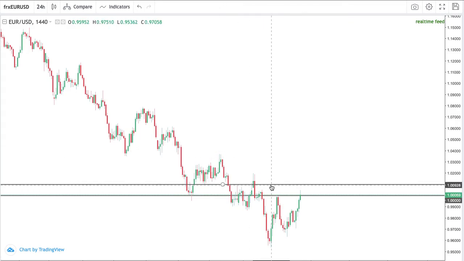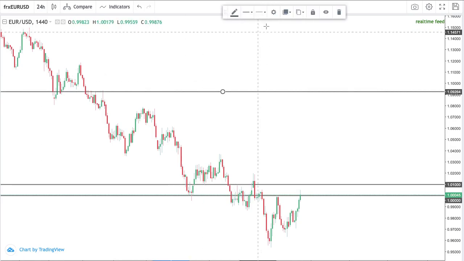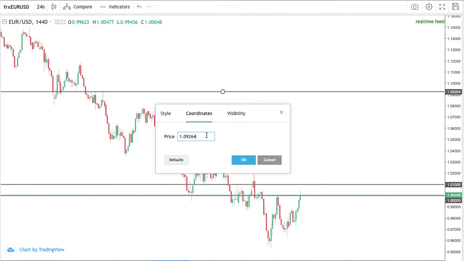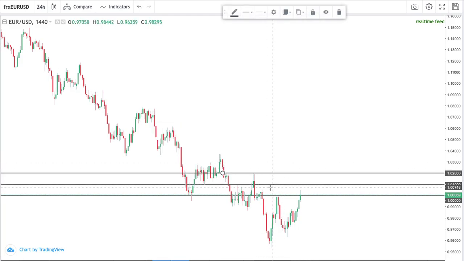This one currently here, and then the major psychological number will be 1.02000. So let us add that again. Just modify it. Remember, you can modify it. You can change the numbers to 1.02000.